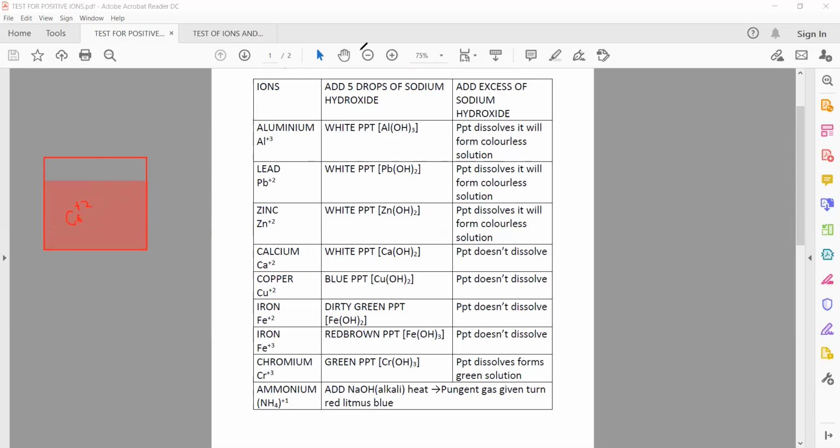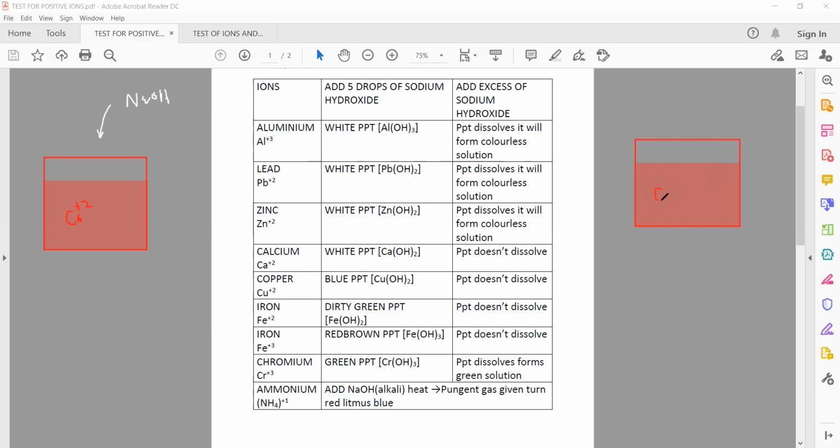Now you add sodium hydroxide, NaOH. When you add sodium hydroxide to this salt which contains calcium ion, what will you observe? It is a double displacement: calcium will take the position of sodium and sodium will take the position of calcium.